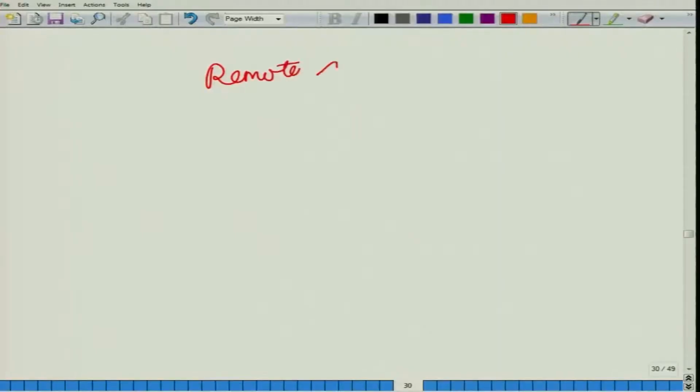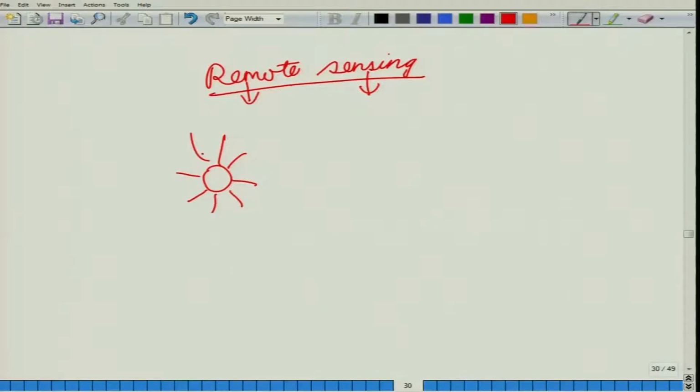So, how does remote sensing work? Remote means at a distance and sensing is to gather knowledge. So, remote sensing deploys electromagnetic radiation. For instance, if we have the sun, it is giving out rays of light, and suppose we have a tree here.